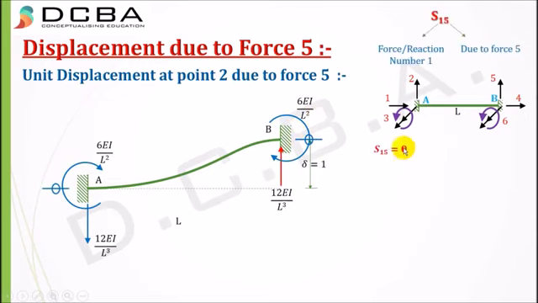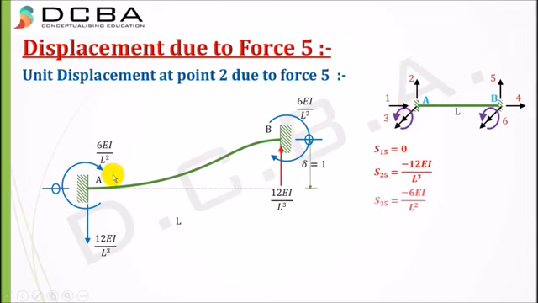Now S15 is 0 since there is no actual reaction at point 1 due to displacement by force 5. S25 is minus 12EI/L³ because it is acting in the downward direction and my positive force is upwards, hence it is minus 12EI/L³.